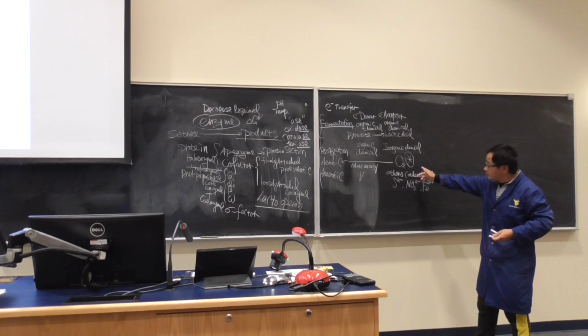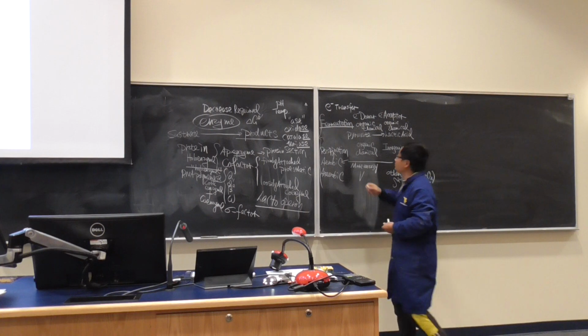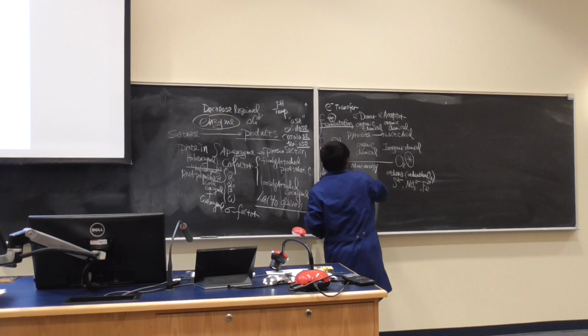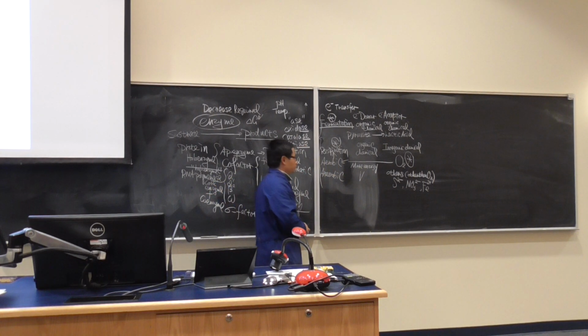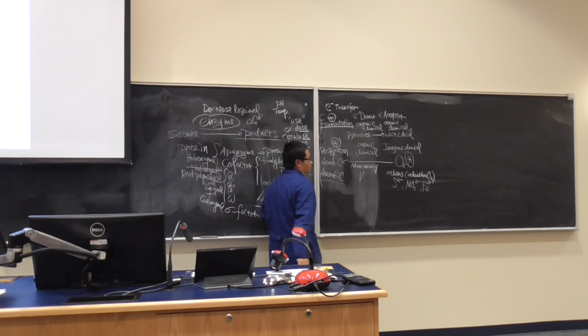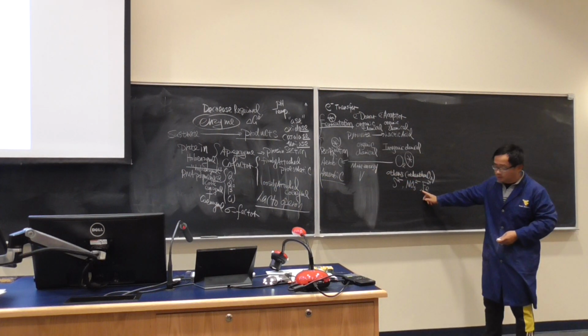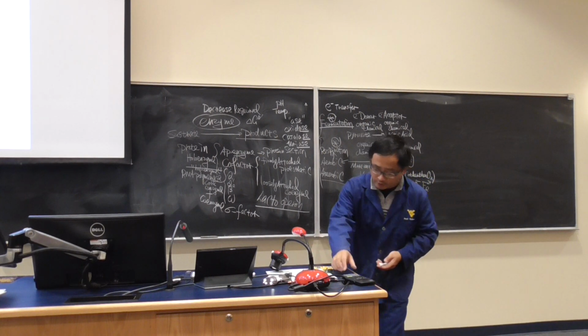If this inorganic chemical is other than oxygen, this is called anaerobic respiration. We will be focused on these two, and relate to the energy outcome. This one will be very briefly mentioned, because it is most likely related to the environmental bacteria. We don't cover it too much.